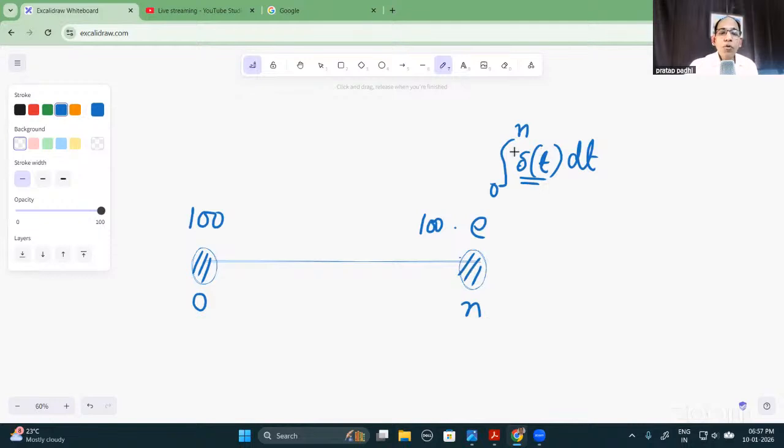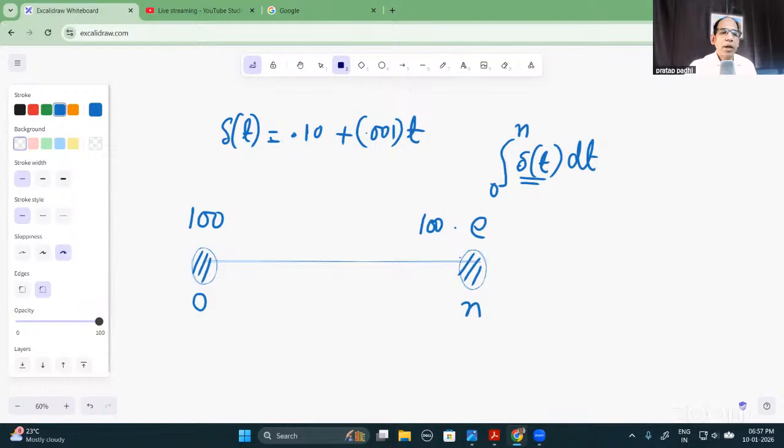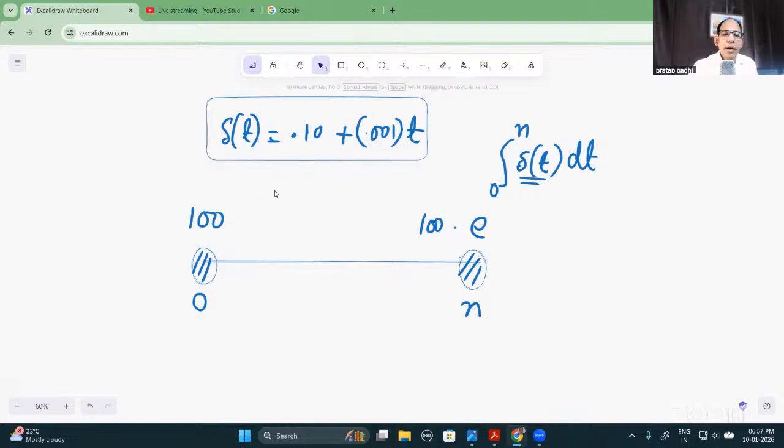Now suppose there is a variation. I will write delta t is equal to, for example, 10% plus a variation of 0.001 t. This means what? See, your delta is changing. How is delta changing?